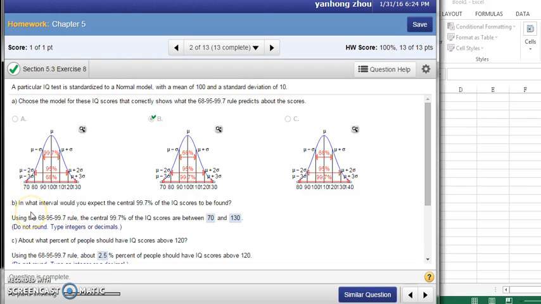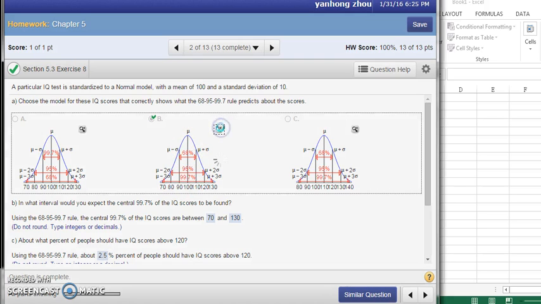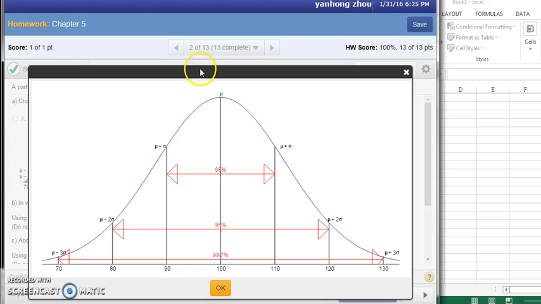Part B, in what interval would you expect the central 99.7% of the IQ scores to be? As we know, 99.7% of the data will be within 3 standard deviations. So in this data, you have to look at the 3 standard deviations.